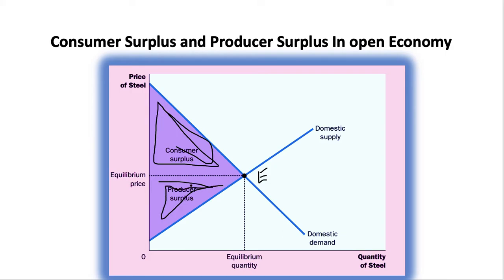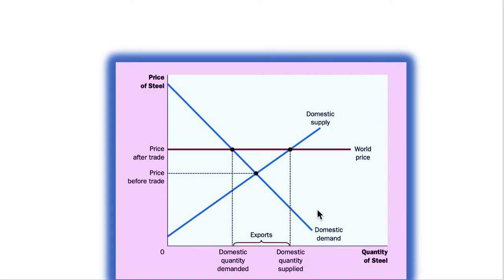When we have closed economy, this will be our equilibrium price and this will be equilibrium quantity. And we have already discussed that this is our domestic supply curve, and this is the domestic demand curve. But when we open our economy, what will happen under different conditions?